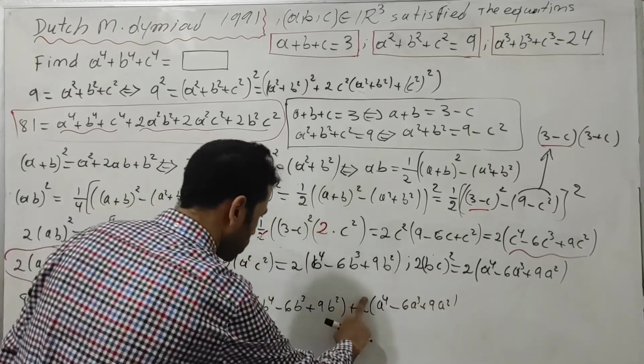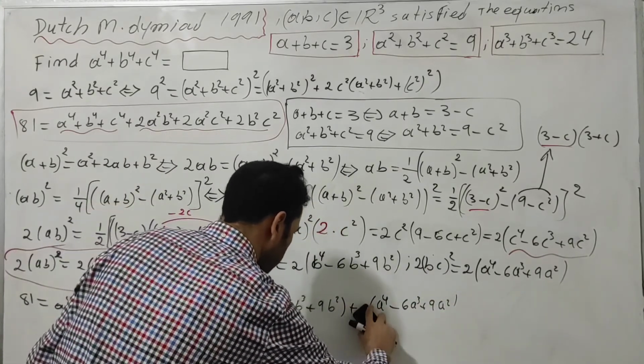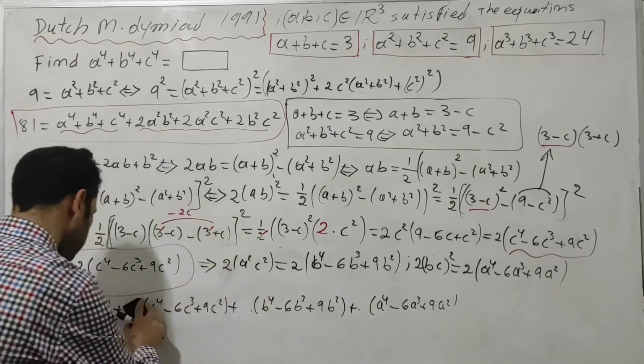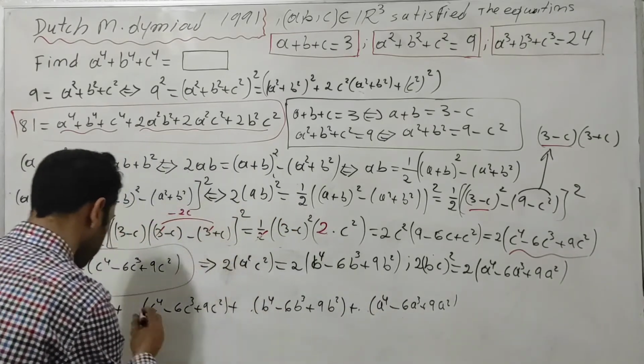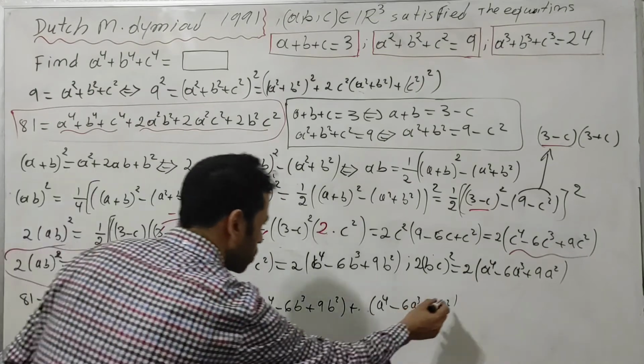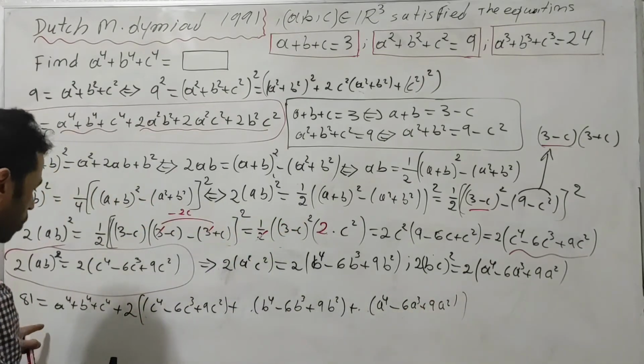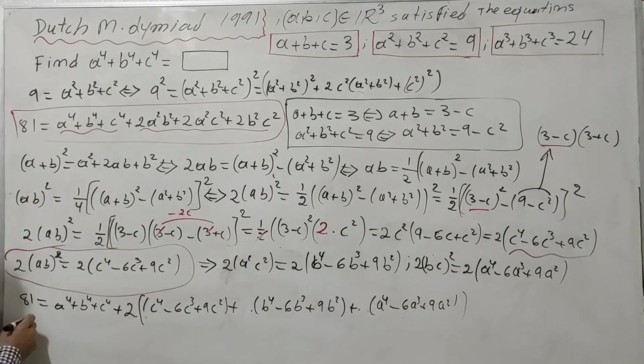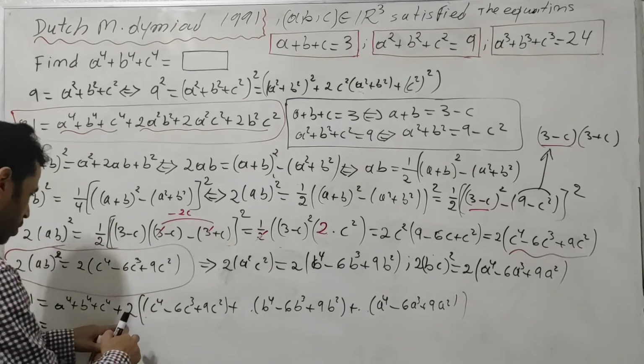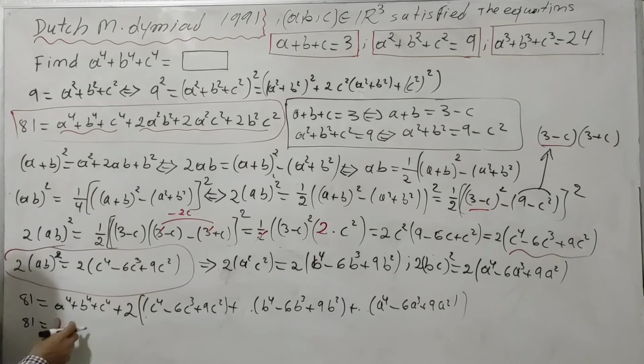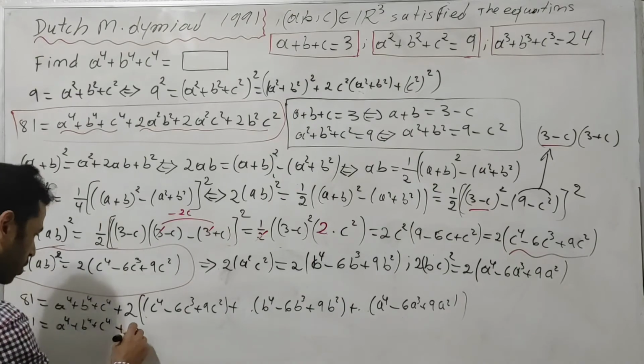I'm going to add all these terms together. So I'm going to collect all these terms together. I will leave this one as it is. So I will have A to the 4th plus B to the 4th plus C to the 4th plus 2 times.